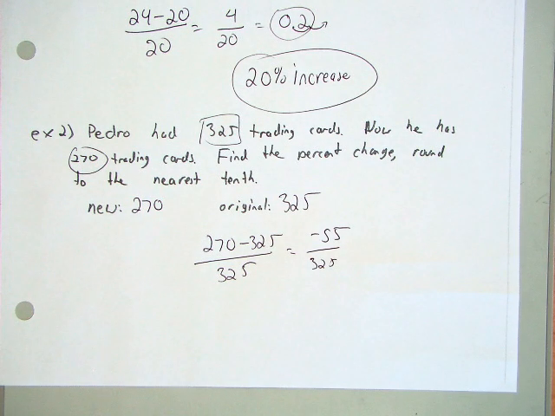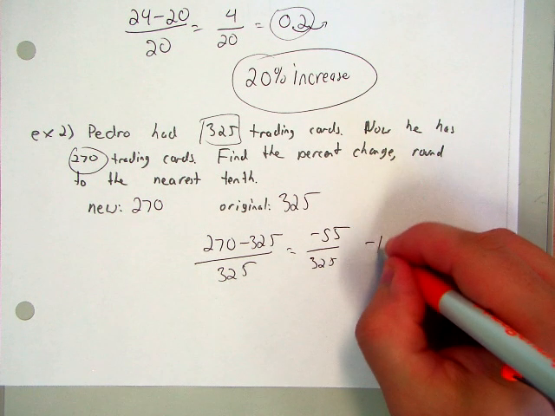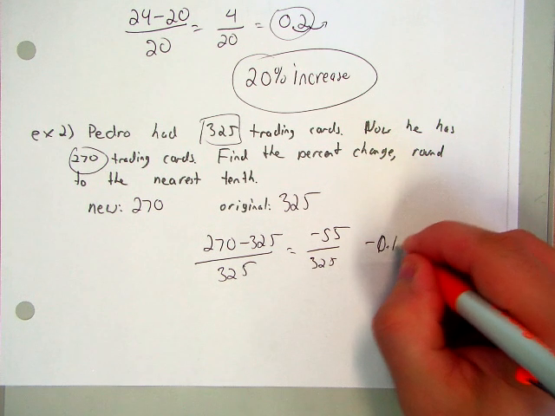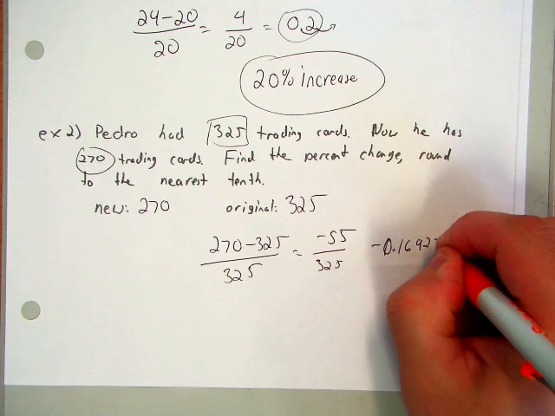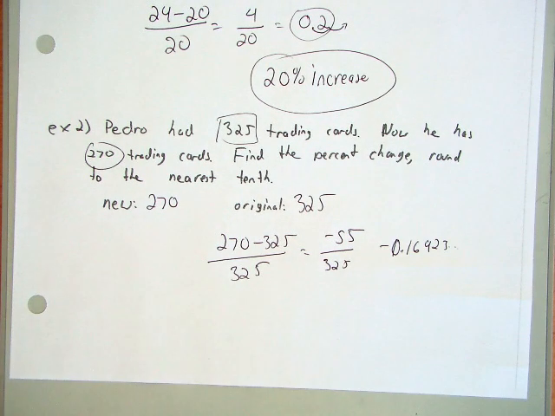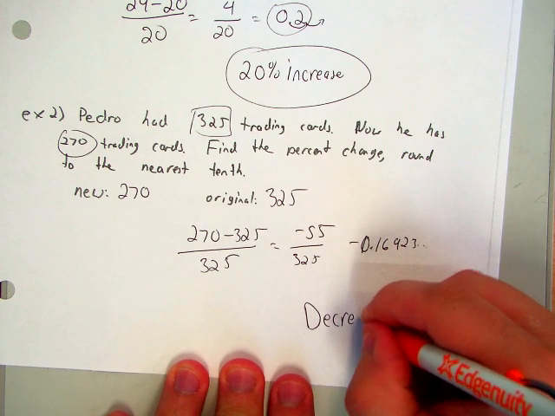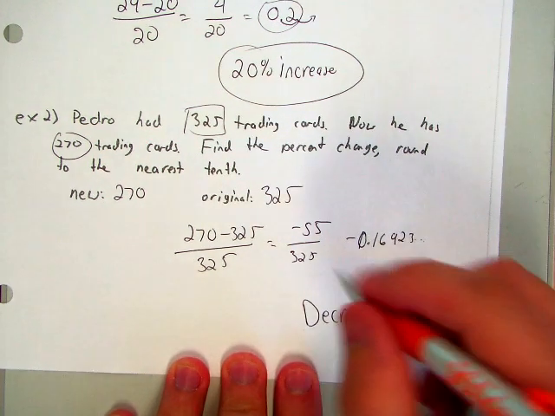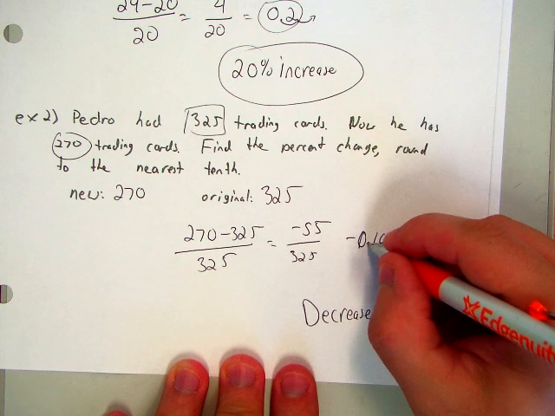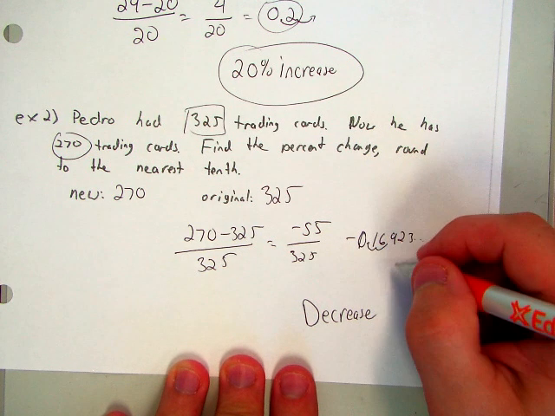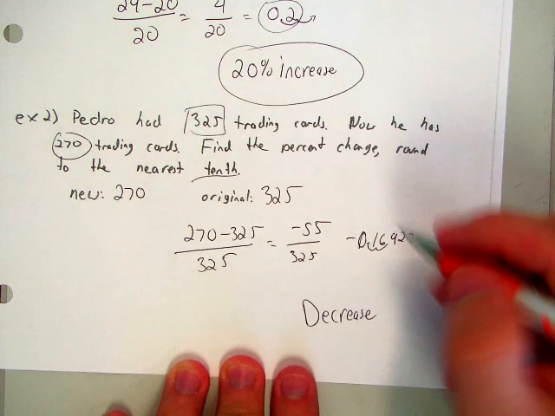And then if I divide by 325, I get negative 0.16923, etc. First of all, this number is negative, so it's going to be a decrease. I'm going to multiply by 100 to change this to a percent, so I'll move it over 2 places. And it says to the nearest tenth.